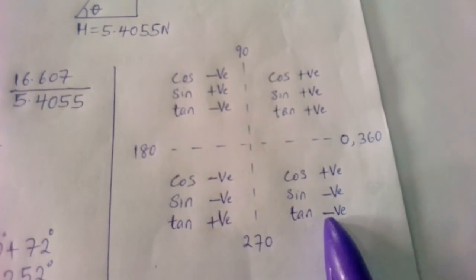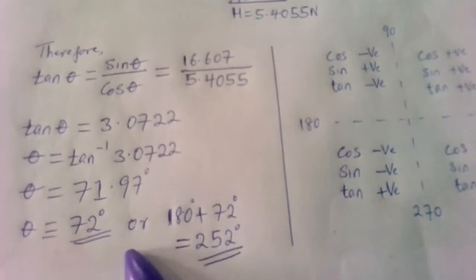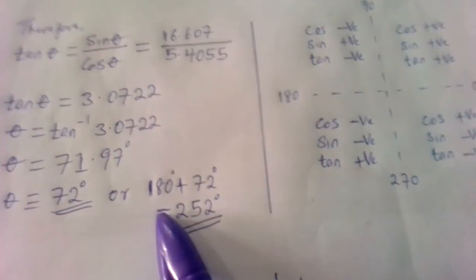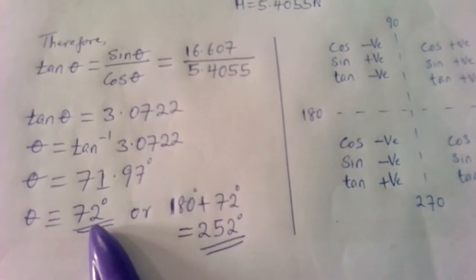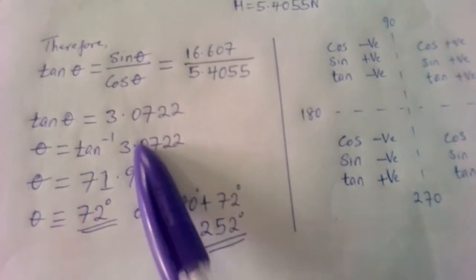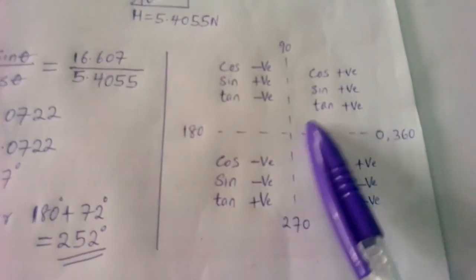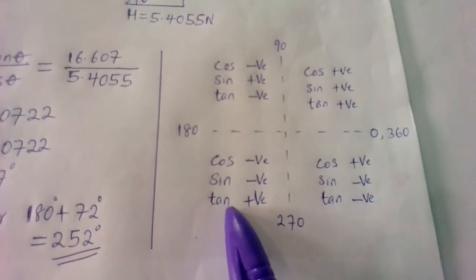Now, since in our calculations the angle we obtain is 72 degrees, which means our angle is positive, our tan theta is also positive. And we are now going to check in which position tan theta is positive. In the first part, tan theta can be positive, and also in the third part.